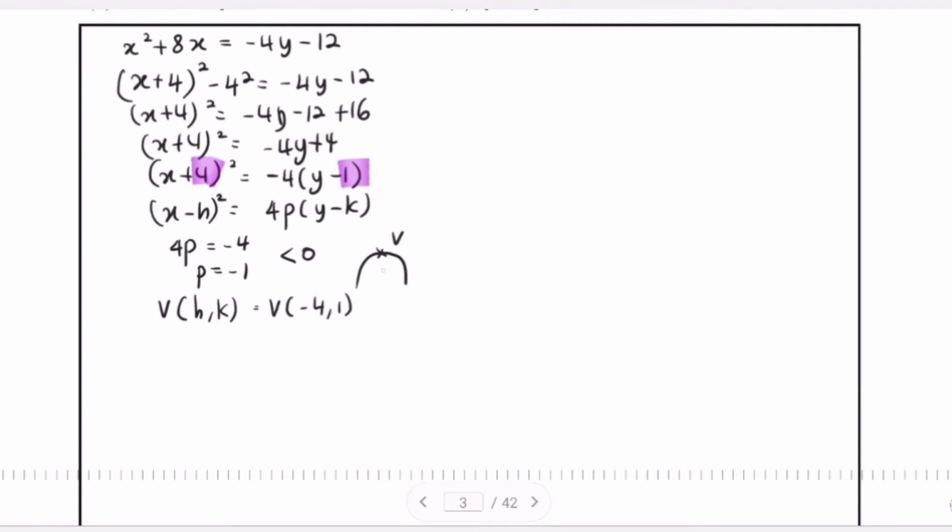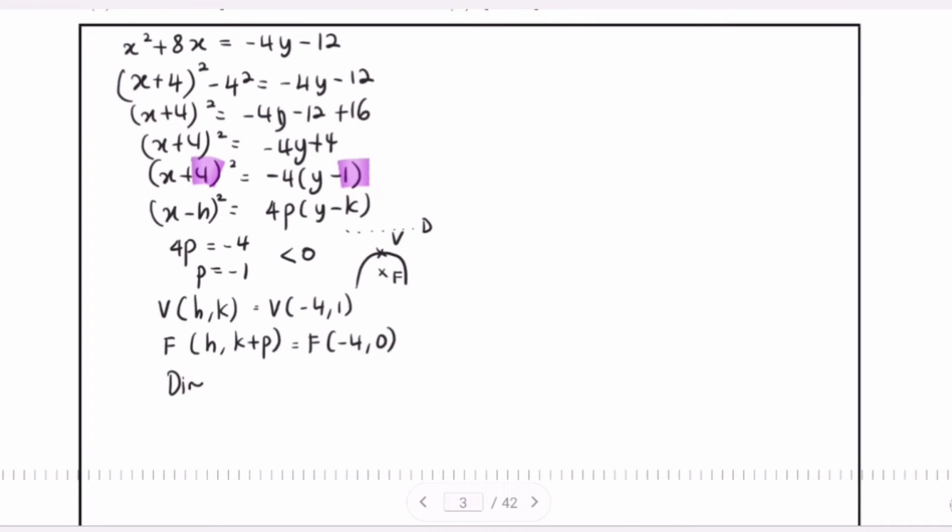So if our V is here, our F is here, and the directrix is over here. So you will notice that the h will remain the same for F. You're going to add p to the k. So it becomes negative 4, and 1 plus negative 1 is 0.